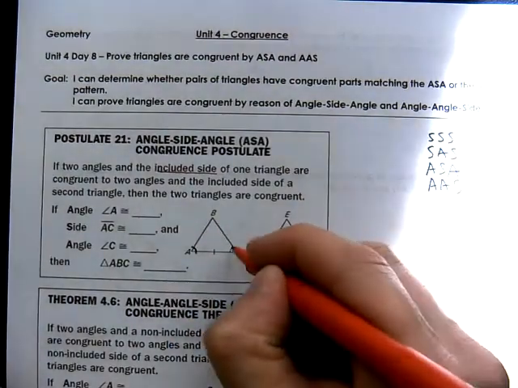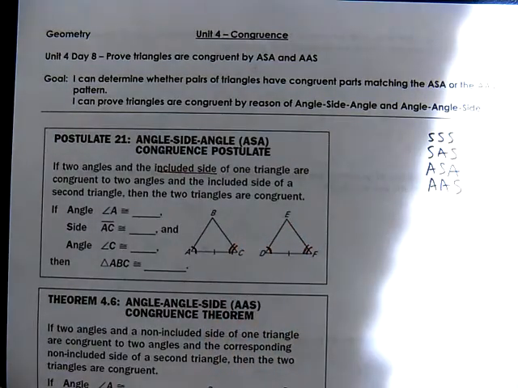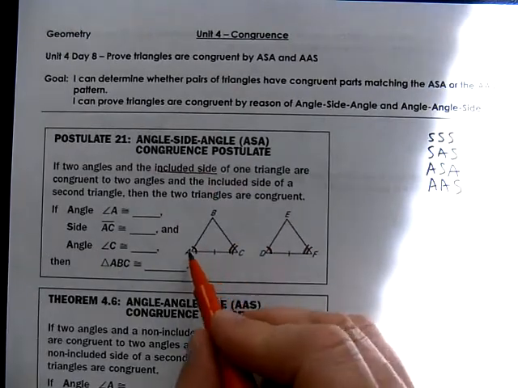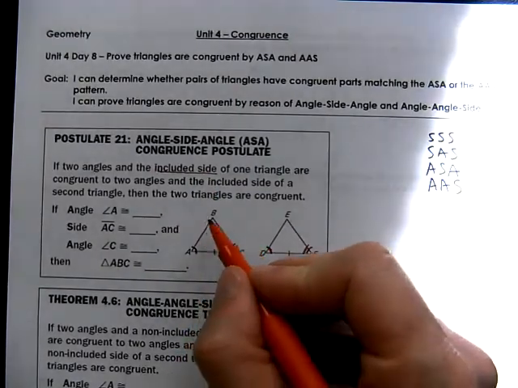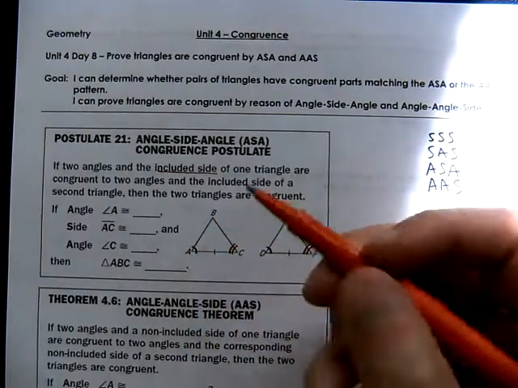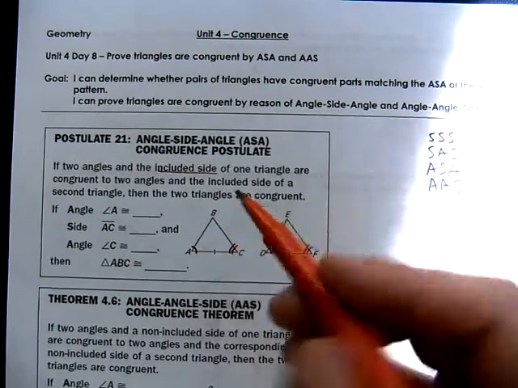Here's the first pair of congruent angles. Here's the second pair of congruent angles. So notice that the side, the included side, has to be between the two marked angles. So segment AB is not between, it's only touching one of the angles. Segment BC is not between, it is only touching one of the angles.